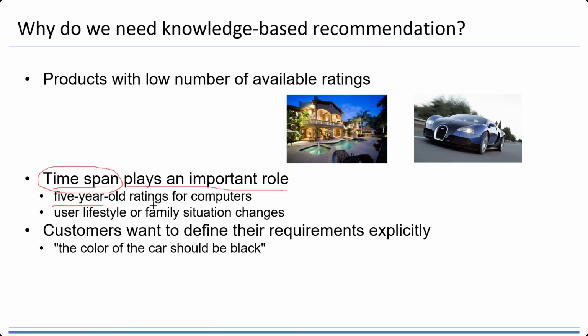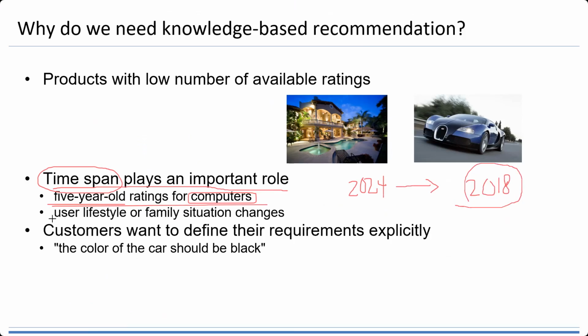Let's say I want to buy computers, but the rating of the computers is already 5 years old. Now it is 2024, and the rating was produced in 2018. So do you trust this rating? It may be a very old-fashioned computer, so we cannot trust it.